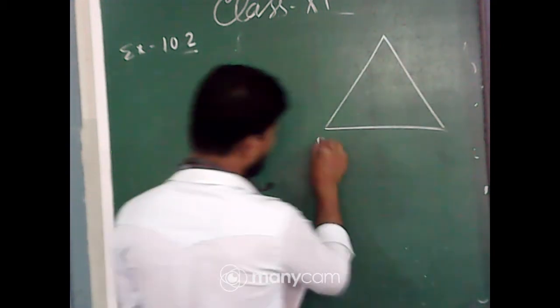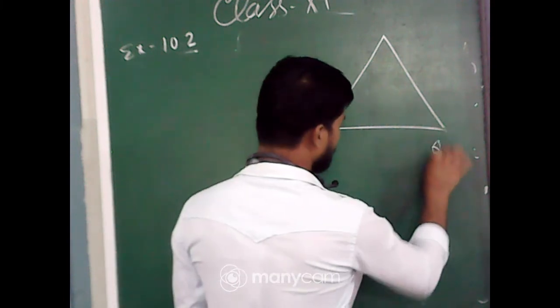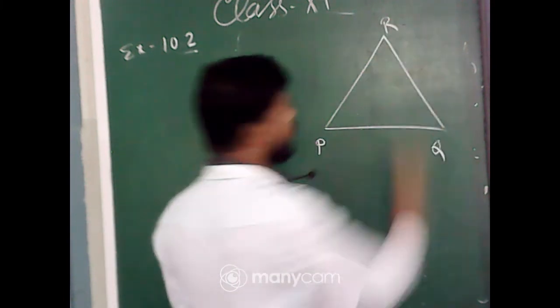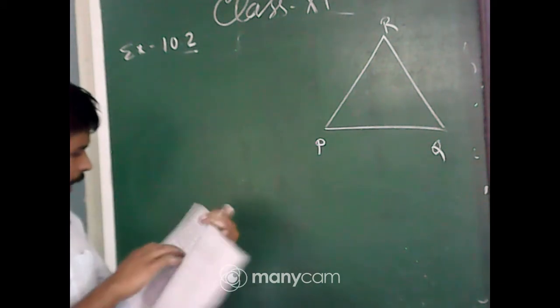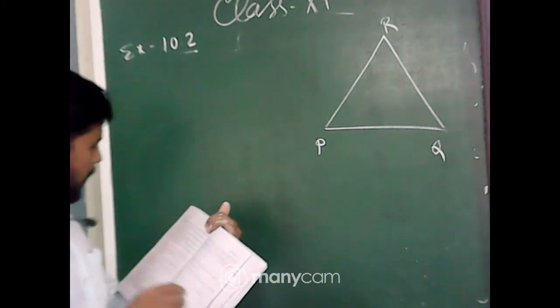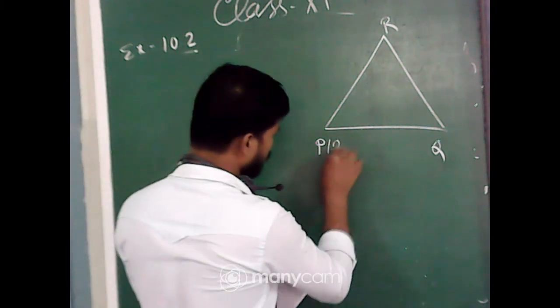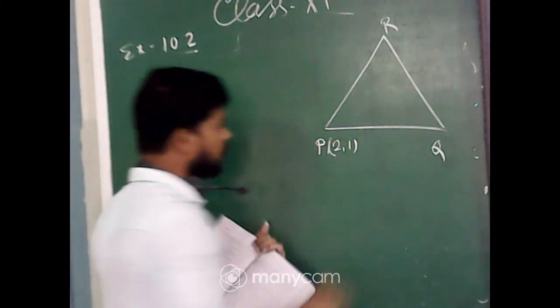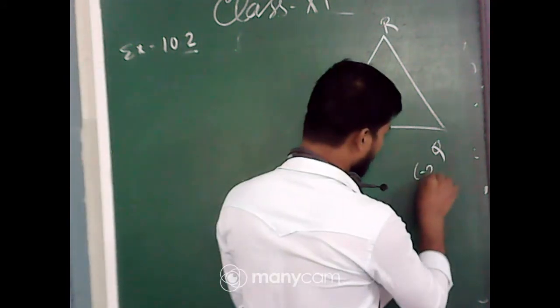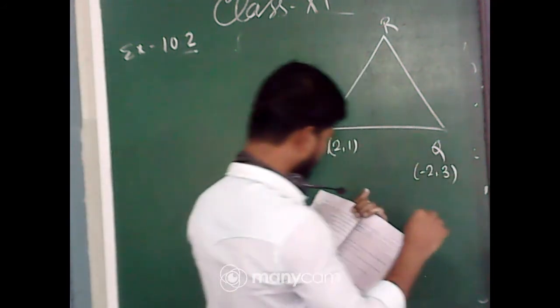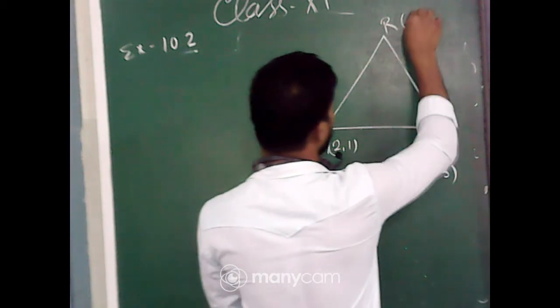This is point P, this is point Q, and this is point R. The coordinates of the vertices are given: the coordinates of P are (2, 1), Q is (minus 2, 3), and R is (4, 5).